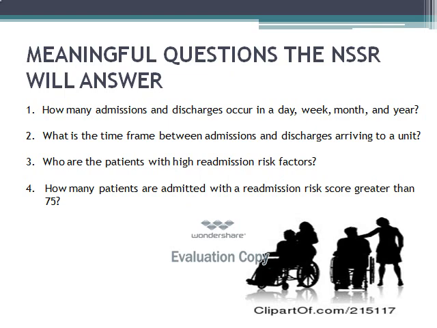The last 2 are: who are the patients with high readmission risk scores, and how many patients are admitted with a risk score greater than 75? By answering these 2 questions, the information would allow for better patient planning for discharge, education, and instruction. It will also be used for reducing the readmission rate.